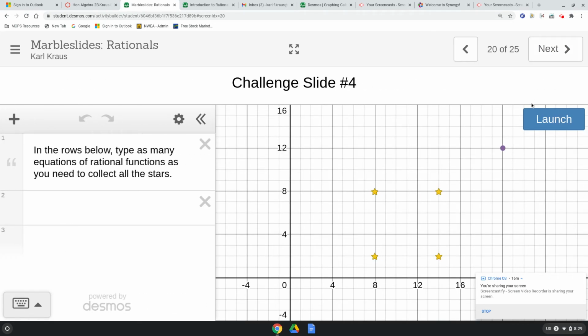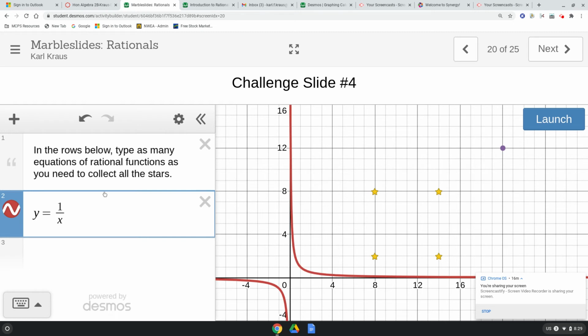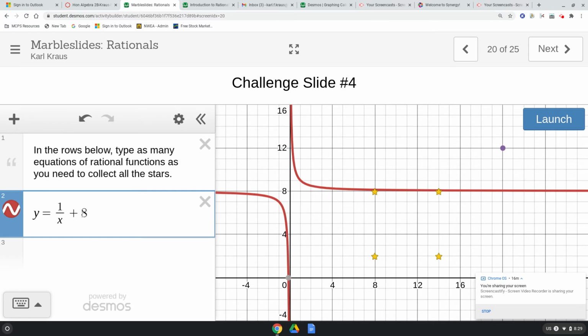And in this one, you sort of want to have an asymptote at y equal 8. So if I do y equal 1 over x plus 8, I have the right asymptote, but I want this piece to start over here.